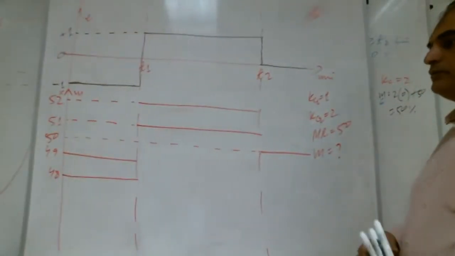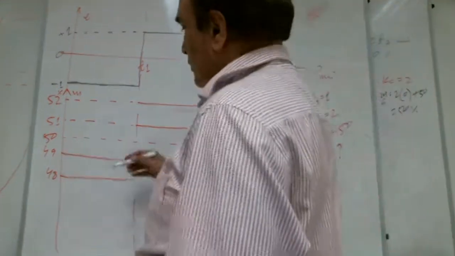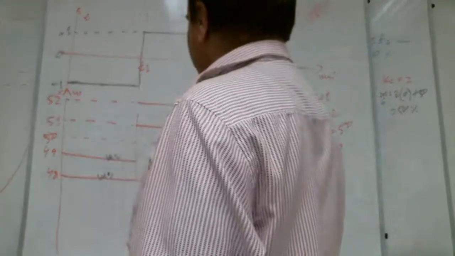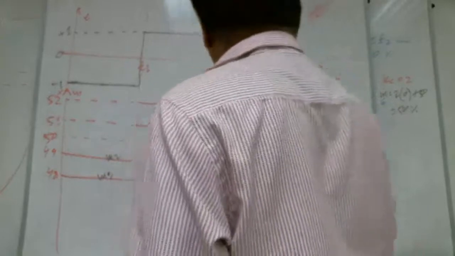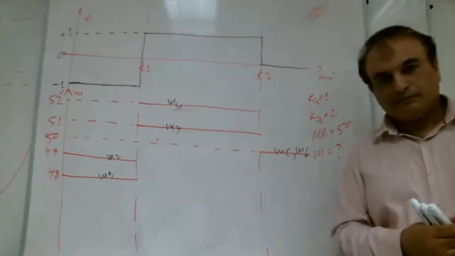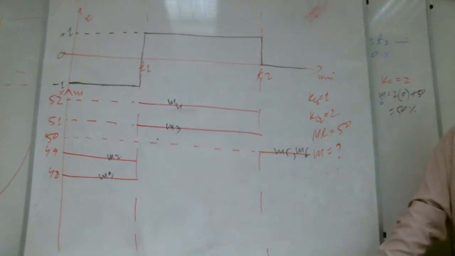So are you with me? Yes, doctor. So this is M1, M2, M3, M4, and this M5 and M6 both. Are you with me? Yes, doctor.